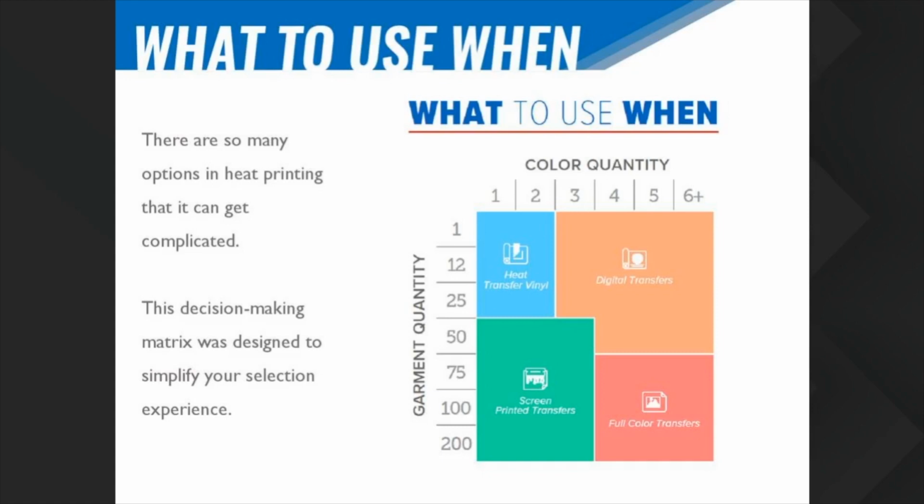While you are answering that question, I'm going to go through this little matrix with you. As you can see across the top, we have listed the color quantity: 1, 2, 3, 4, 5, and then 6 plus colors. Over here on the left, you have your garment quantity going down the column, starting with 1 piece all the way up through 200 pieces, with price or quantity breaks in between.